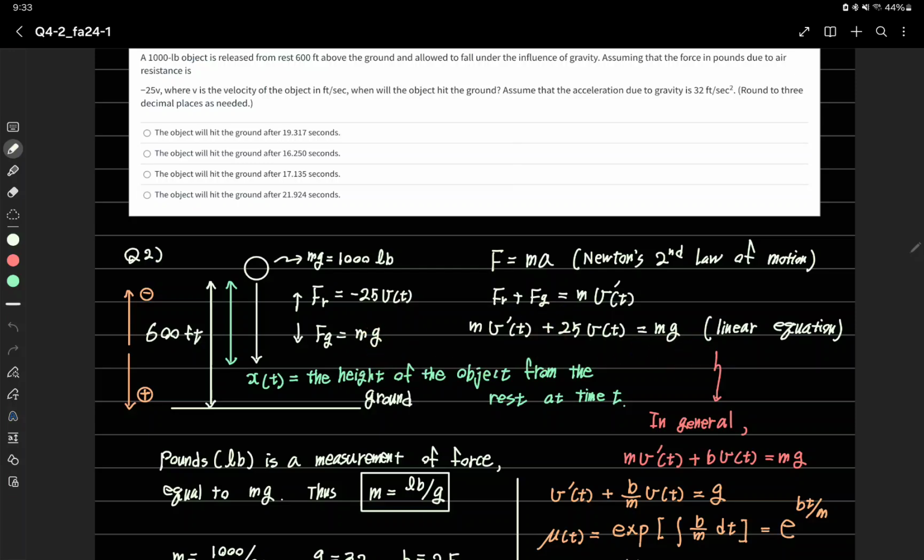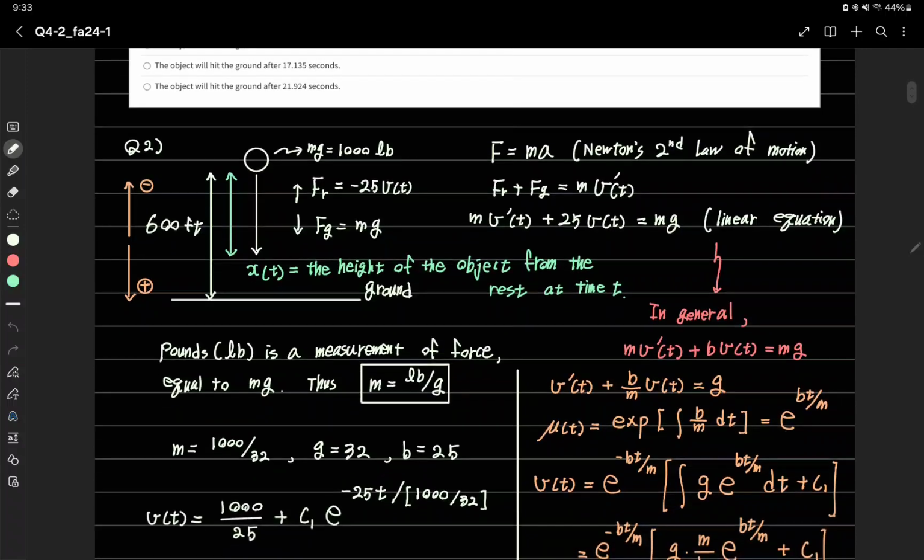So this is a linear equation. In general, this equation can be expressed like this, where b is the damping constant, or you can say resistance constant. So mv prime plus bv equals mg. That's a linear equation.